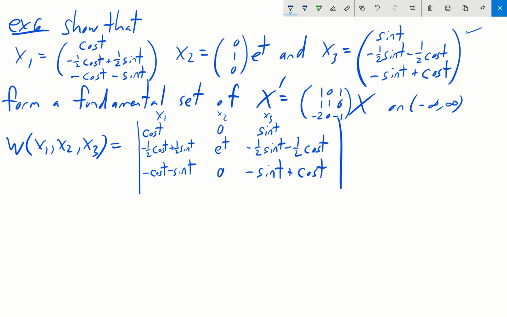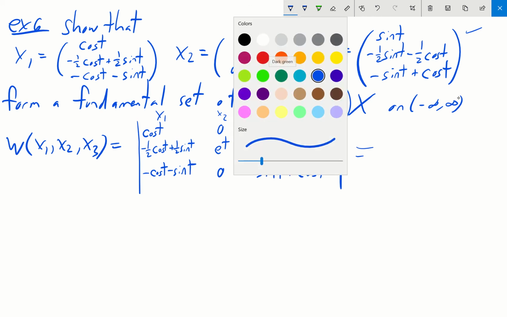So now we need to calculate this 3 by 3 determinant. Some of you might remember from perhaps Calculus 3 or maybe a class in matrix algebra or linear algebra, that we can use cofactor expansion to do this.